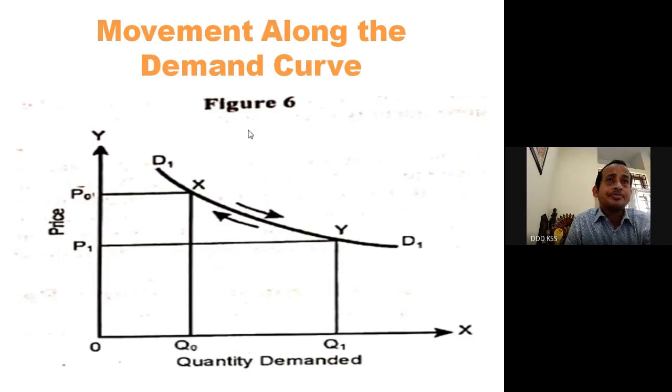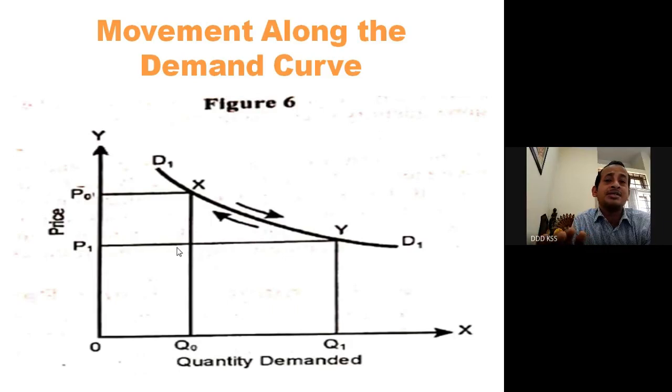Now we know that demand, or the law of demand, is basically the relationship between the quantity demanded and its price. These have an inverse relationship.